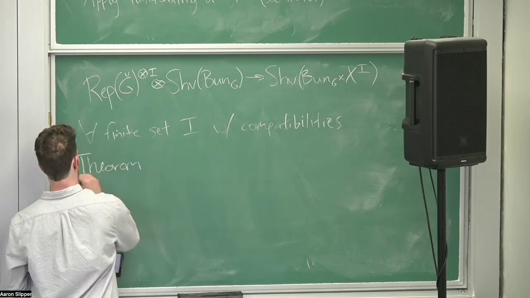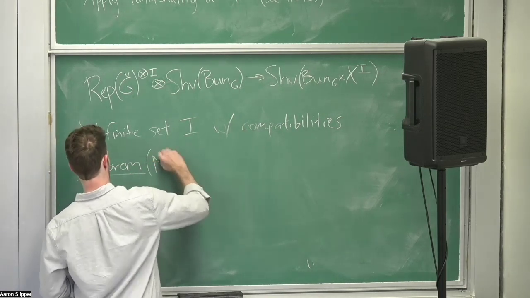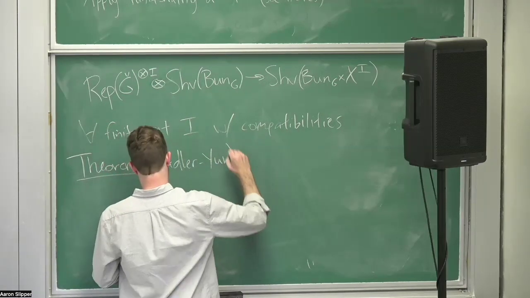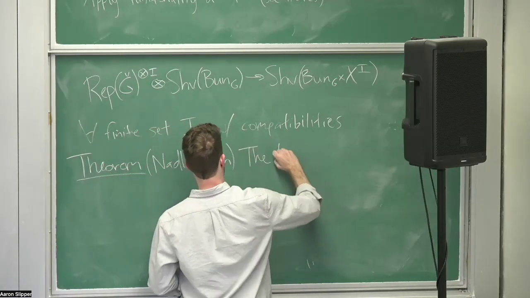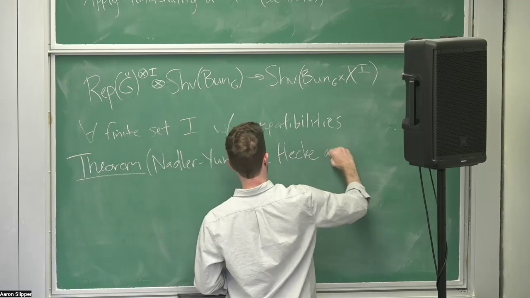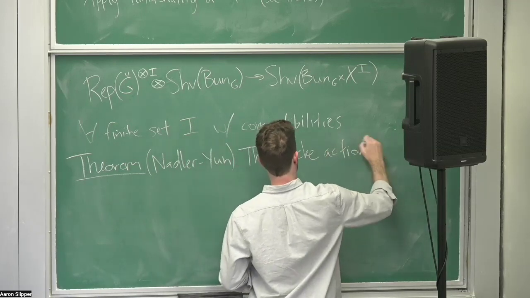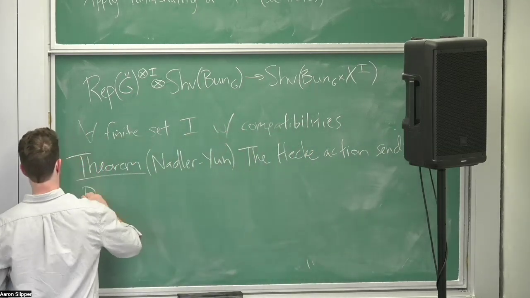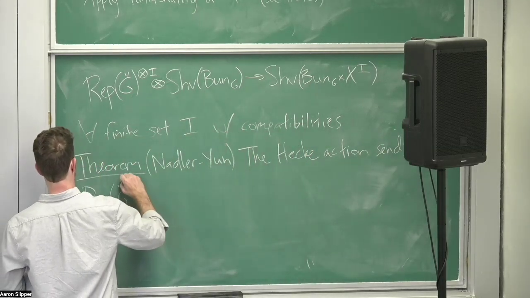I don't really know if this was anticipated widely before they proved it, but there's this result of Nadler and Yun that says that this Hecke action sends the following subcategory.